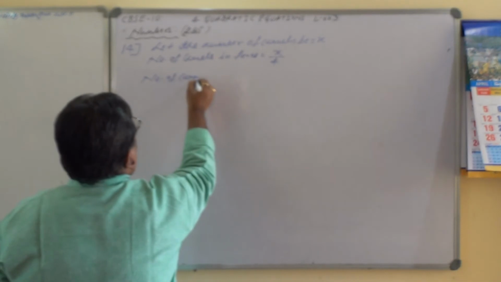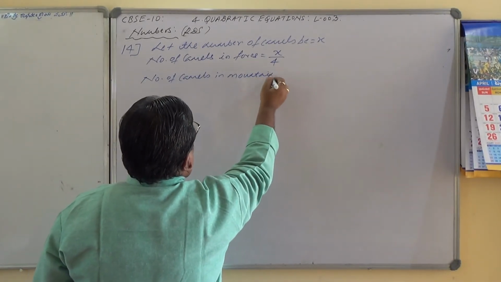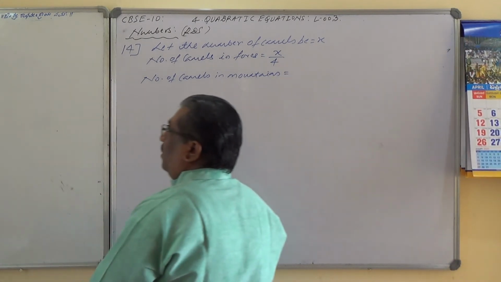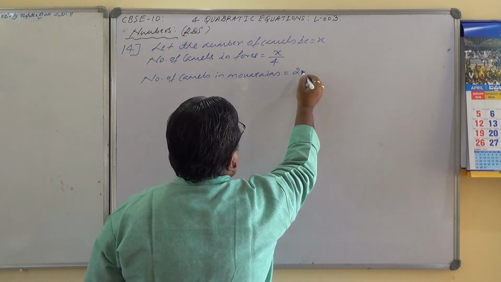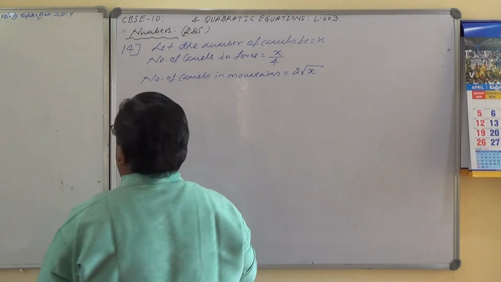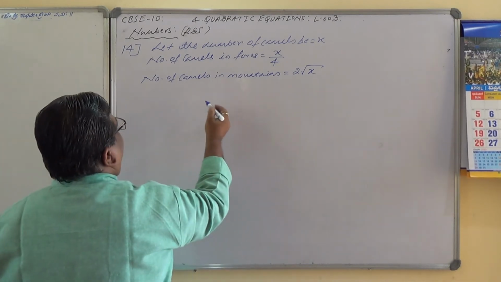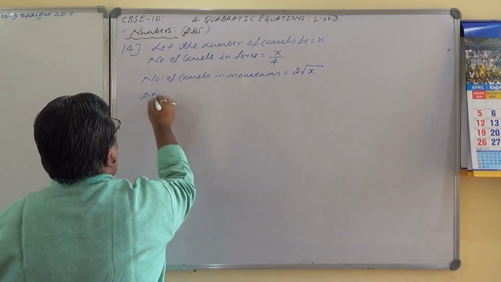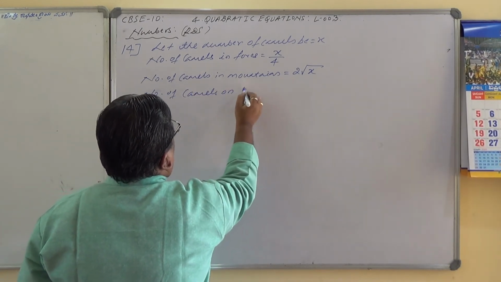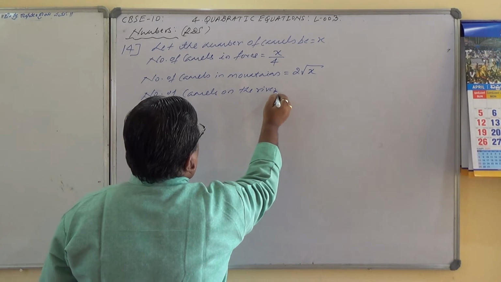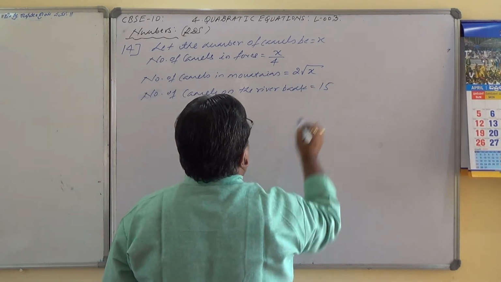Number of camels in mountains equals twice the square root of the herd, 2 under root of x. And the remaining 15 were seen on the bank of the river. Number of camels on the river bank was the balance, 15. Is that it?